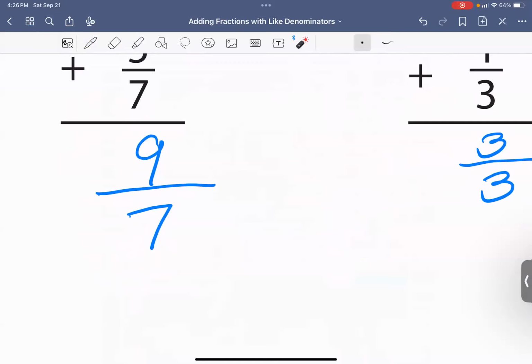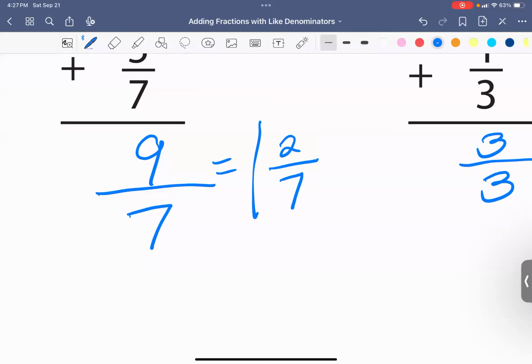And the way we simplify it is dividing the numerator by the denominator. So how many sevens can go into 9? 1. How many are left over? 9 minus 7 is 2. And then we keep the same denominator, which was 7.